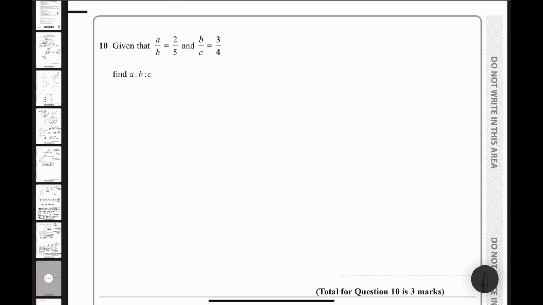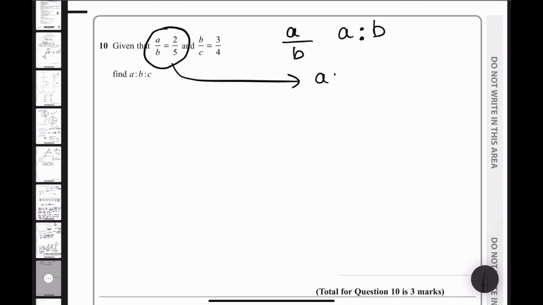For example, a over b equals 2 over 5 can also be written as a ratio b equals 2 ratio 5. Similarly, b over c is equal to 3 over 4, so b ratio c equals 3 ratio 4.